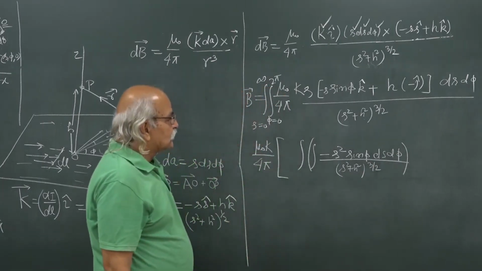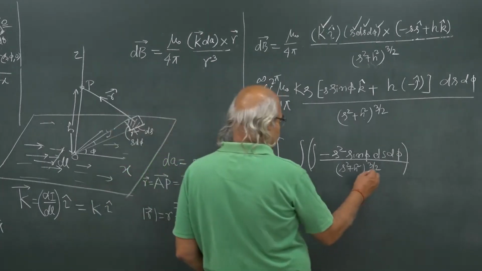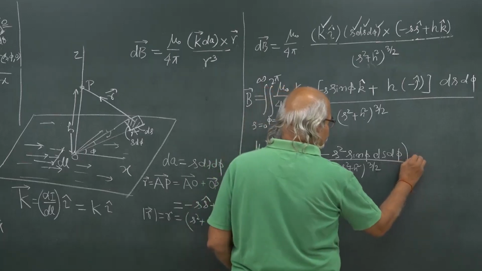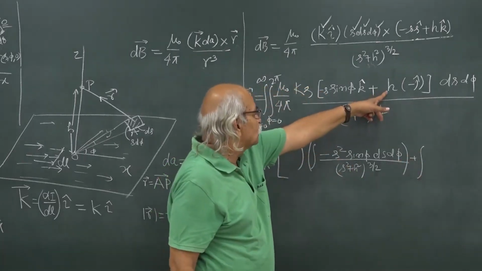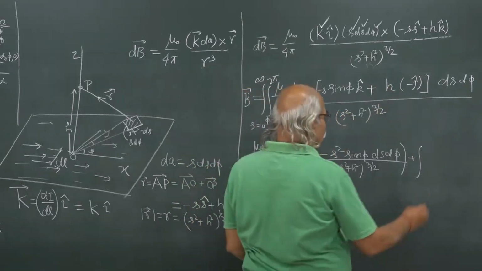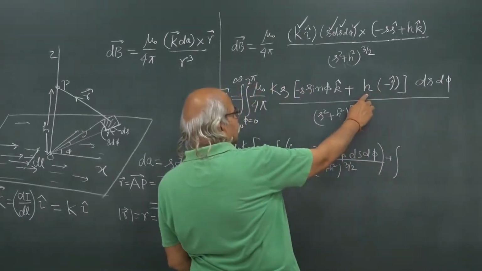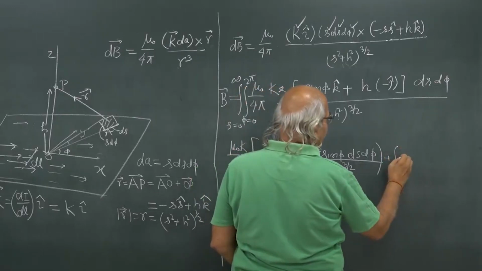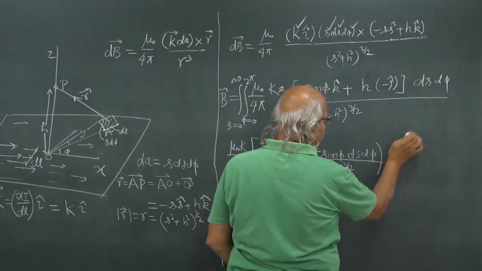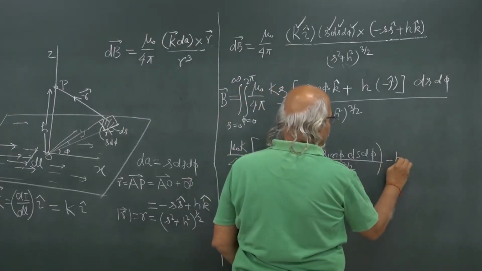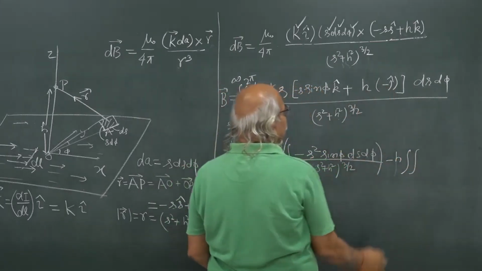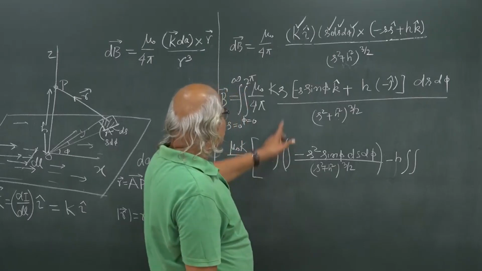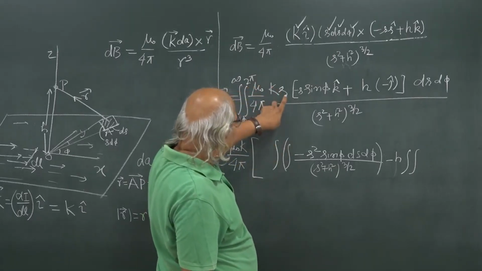And then plus another integration, and this time it is this one. This h in fact you can take out. So, this is minus h here, and then double integration of what? This k had been taken, but this s is there.